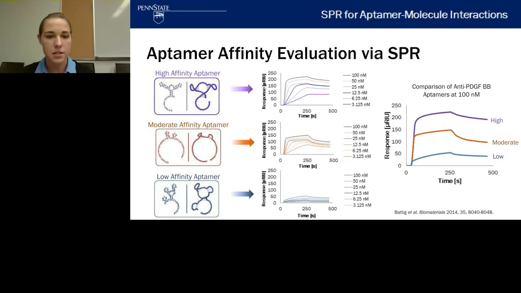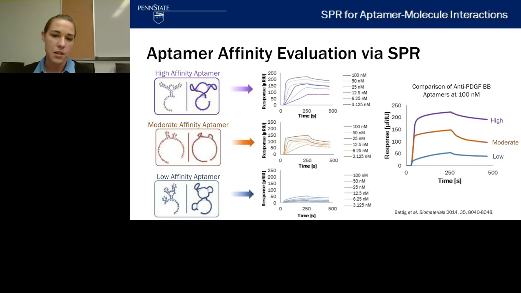So we can apply this to a PDGF-BB release system. So this is an aptamer that is able to bind to this protein. We can create 3 different versions of this aptamer: the high affinity aptamer, the moderate affinity aptamer, which is the same as the high affinity except for 2 nucleotides that have been altered, and then the low affinity aptamer, which is much more different from the high affinity aptamer.